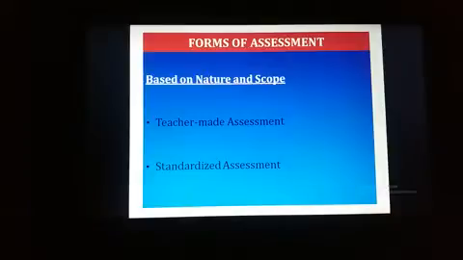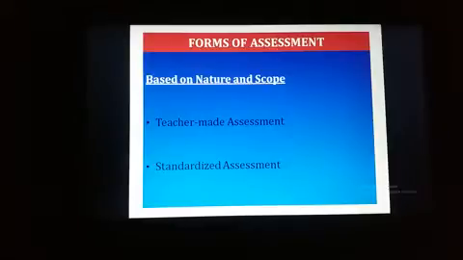Accordingly, we may divide the process of assessment into teacher-made test and standardized test, or teacher-made assessment and standardized assessment. When the assessment is made by the teacher concerned, or the class teacher, or the subject teacher, or the teacher as a leader of the group, the process of assessment is called teacher-made.